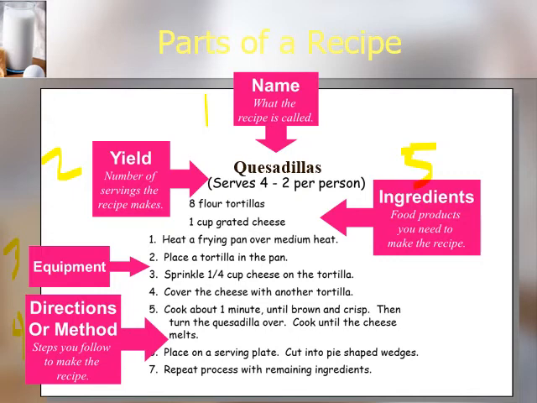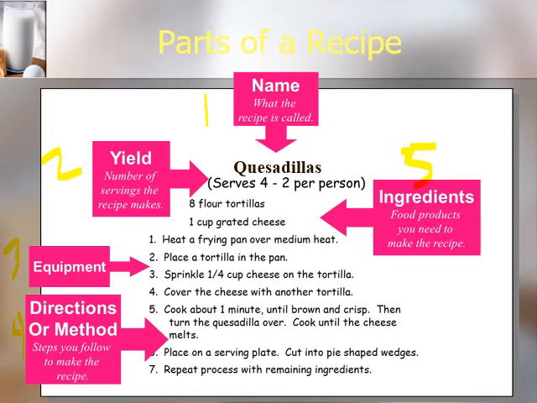Most all recipes, or a good recipe, should give you the yield to tell you how many people it will serve. So the yield, if you make this quesadilla according to this recipe, you will have four people to be able to serve, 2 per person. So that's the number of servings the recipe makes.